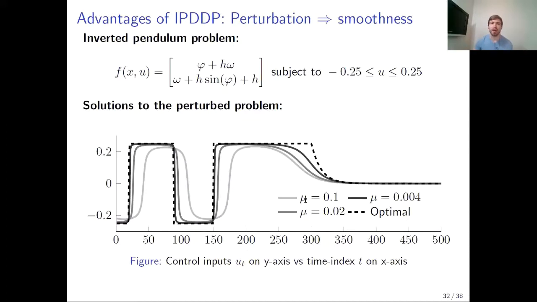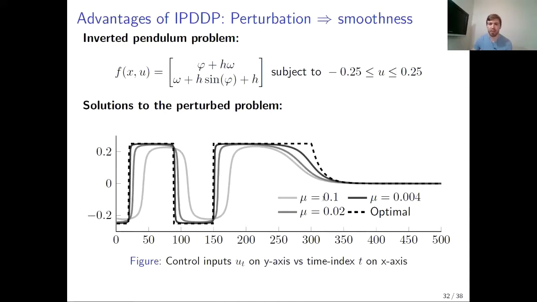Yep. Let's see the advantages of IPDDP demonstrated on numerical examples. So as I told you before, perturbation leads to smoothness in the problem. To demonstrate it, let's consider a very simple inverted pendulum problem with only mild nonlinearity in the dynamics. It is only a sine function and constraints. So the solutions to the perturbed problem are the following.